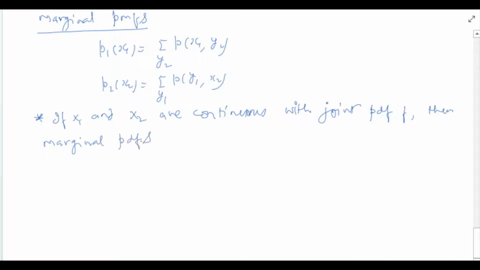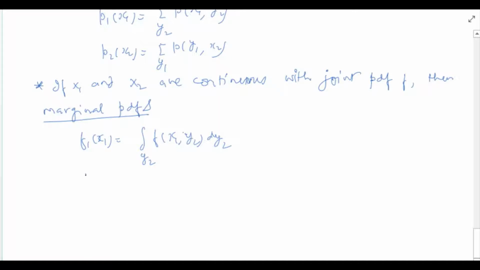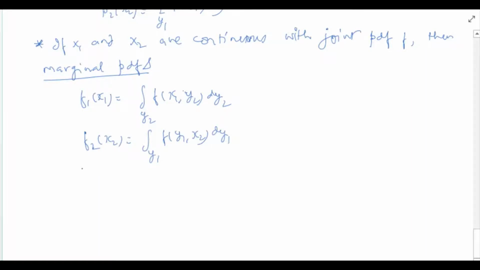The marginal probability density function f1 of x1 is given by integral over y2 of f of x1, y2 dy2. Similarly, f2 of x2 will be given by integral over y1 of f of y1, x2 dy1. Again, for both x1 and x2, their marginal distributions can be computed by integrating the marginal probability density functions as described above. So this was about marginal distributions.